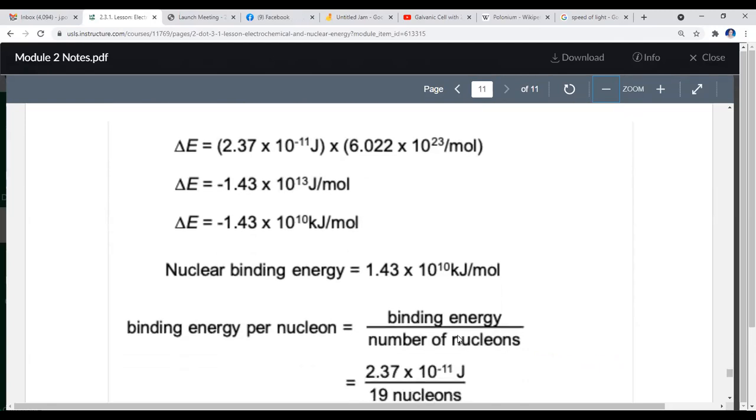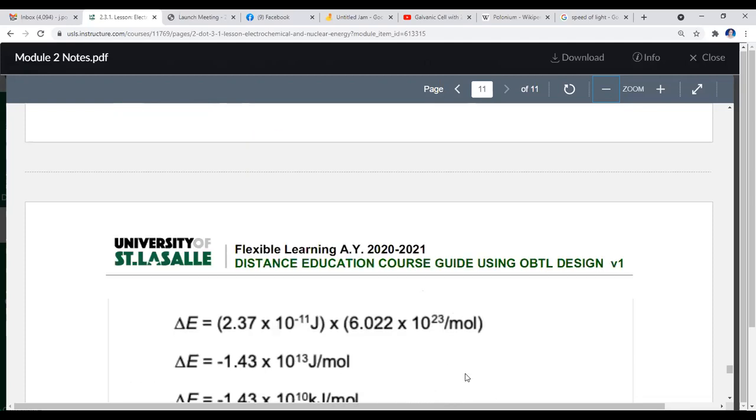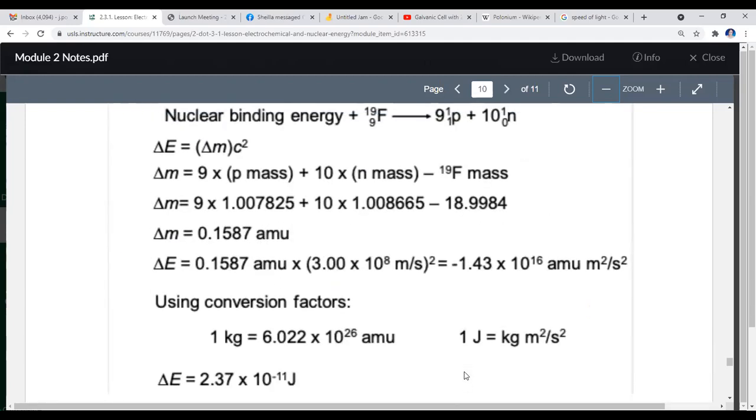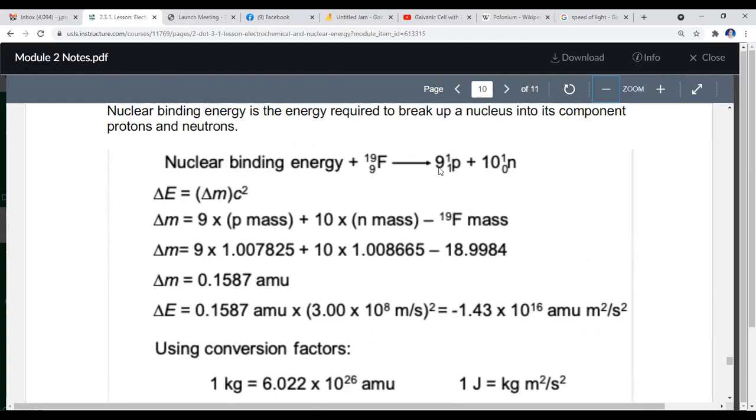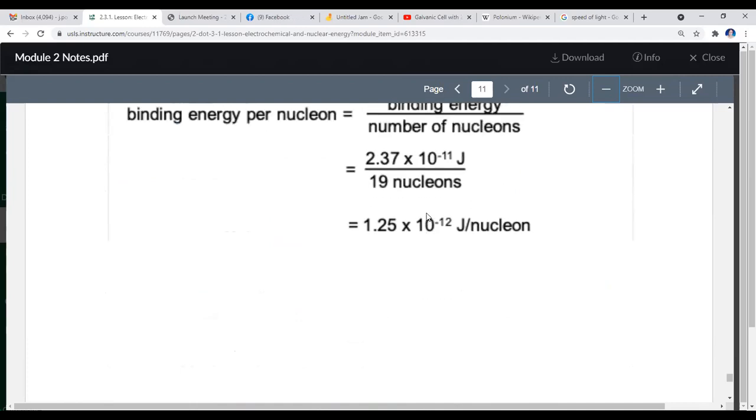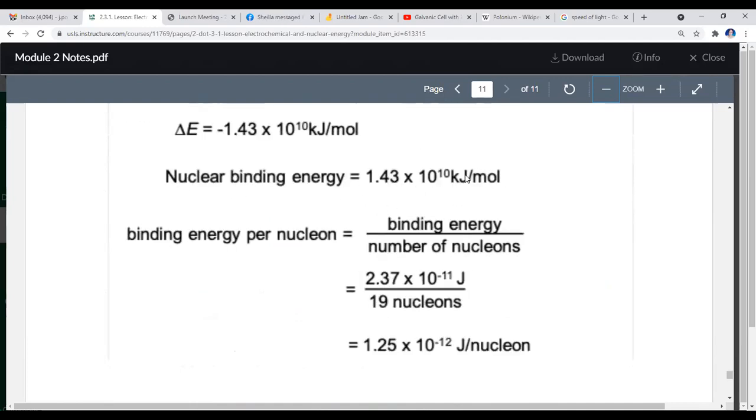The binding energy per nucleon is the binding energy divided by the number of nucleons. In our case here, the number of nucleons, the particles present in the nucleus of the atom, is simply the sum of the protons and the neutrons, you have 10 and 9. So this is the total binding energy, but the binding energy per nucleon should be divided by the total number of particles present in the nucleus.